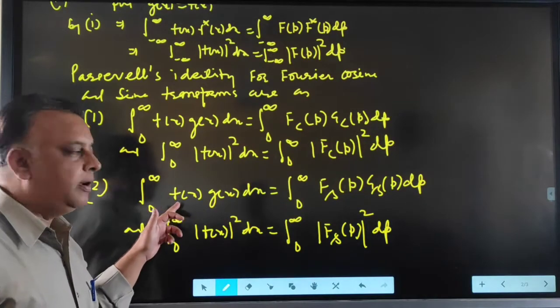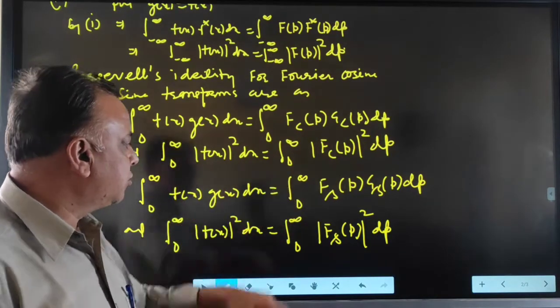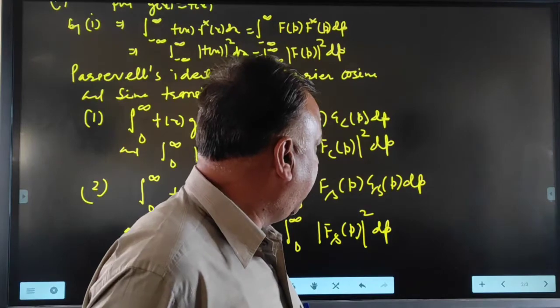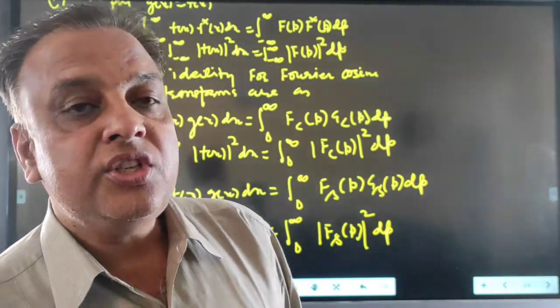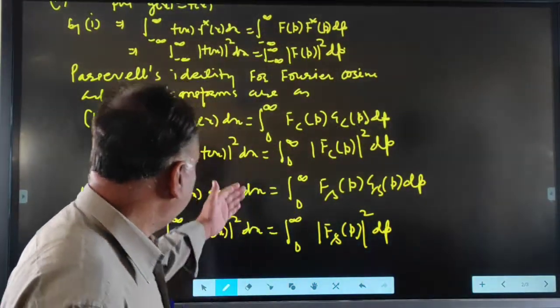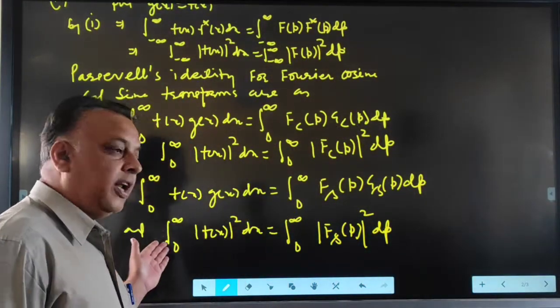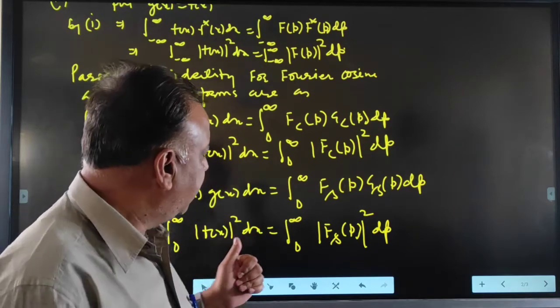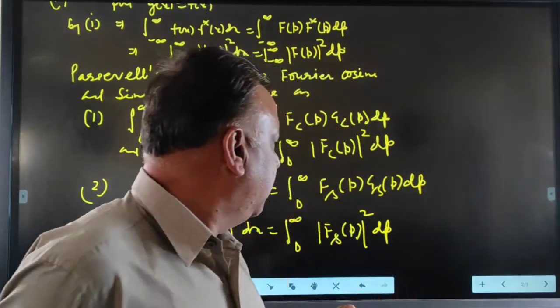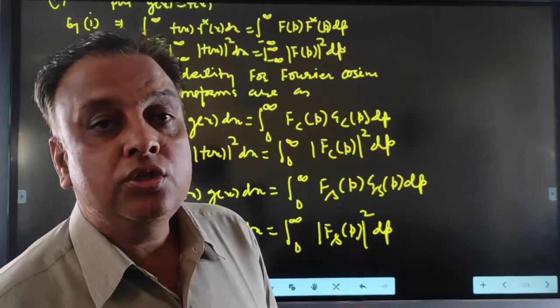integral 0 to infinity f(x) g(x) dx is equal to integral 0 to infinity fs(p) gs(p) dp. If we take g(x) equal to f(x), then this result can be written as integral 0 to infinity modulus of f(x) square dx is equal to integral 0 to infinity modulus of fs(p) square dp.